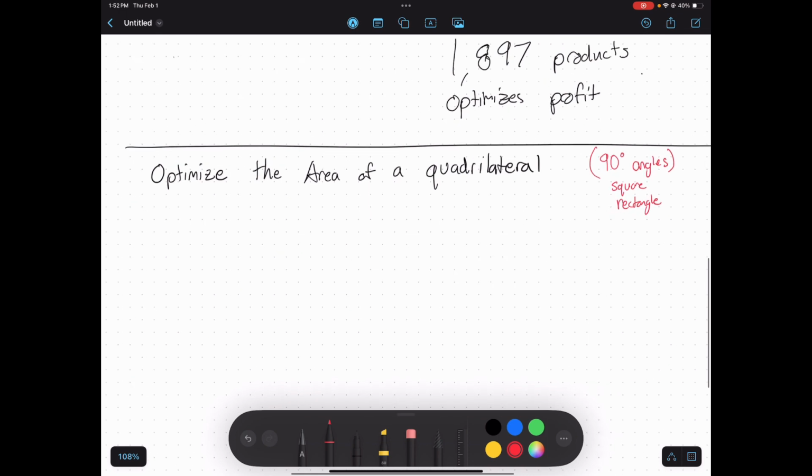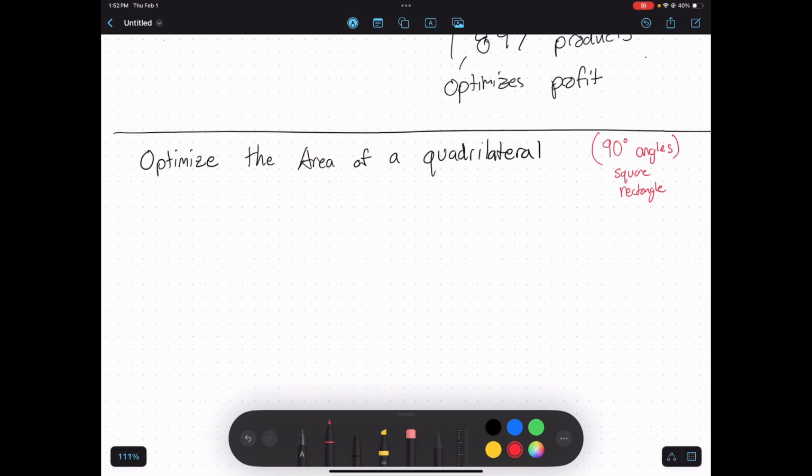You might already be able to guess which one we end up with, but we're going to actually prove it here. Okay. So let's say I want to optimize the area of a quadrilateral with a perimeter of 36. I actually need to put that in there because if I don't give you a specific domain, then there is no absolute maximum because you could just end up going to infinity.